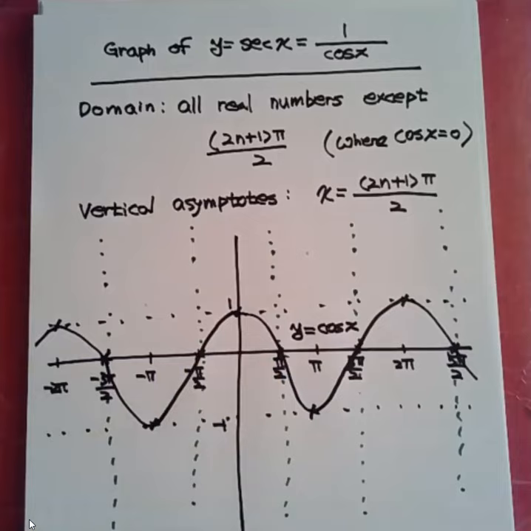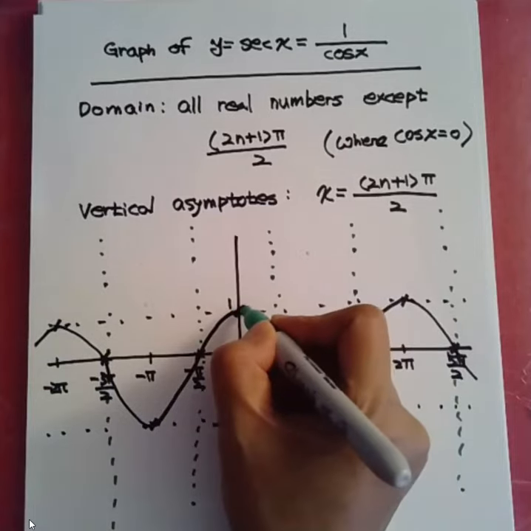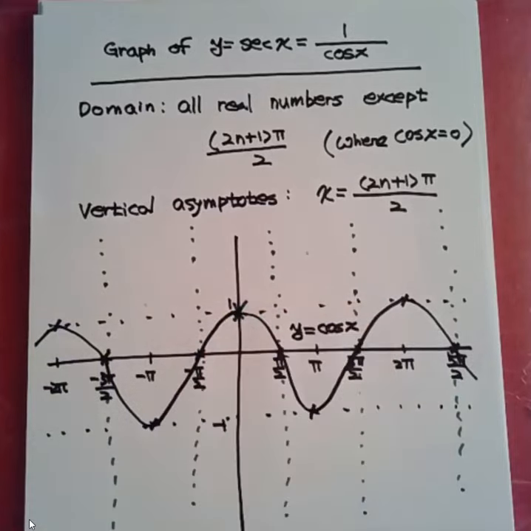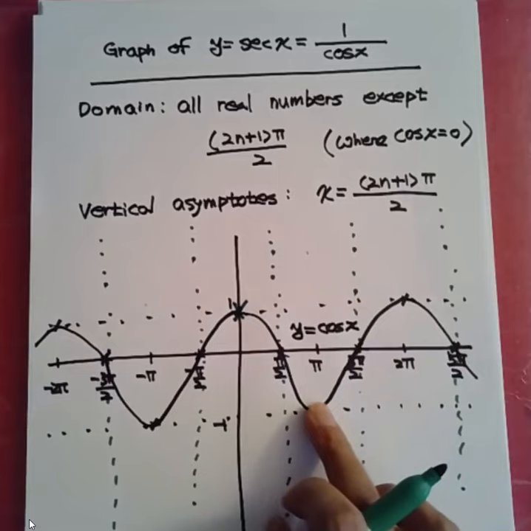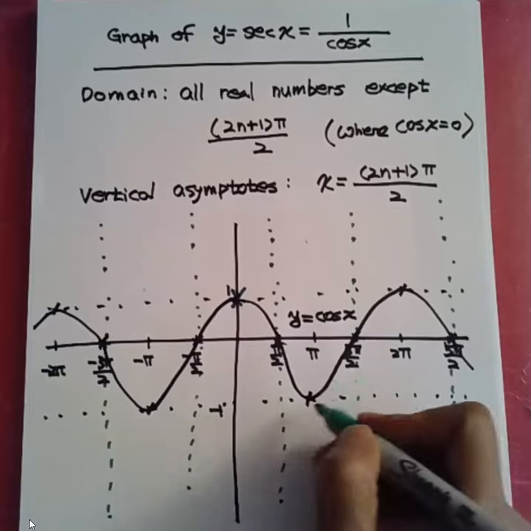We are thinking about the reciprocal function. At this point, cosine function value becomes 1. So 1 over 1 is 1. And at this point, cosine value is minus 1. Minus 1 over minus 1 is minus 1.